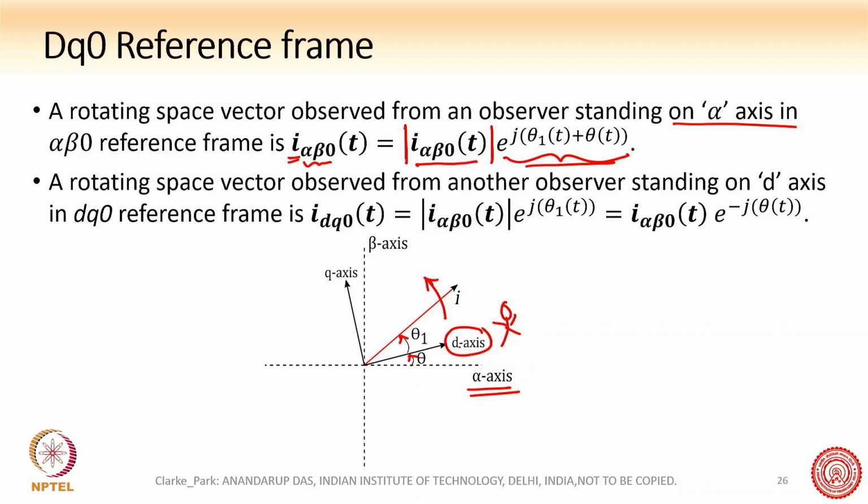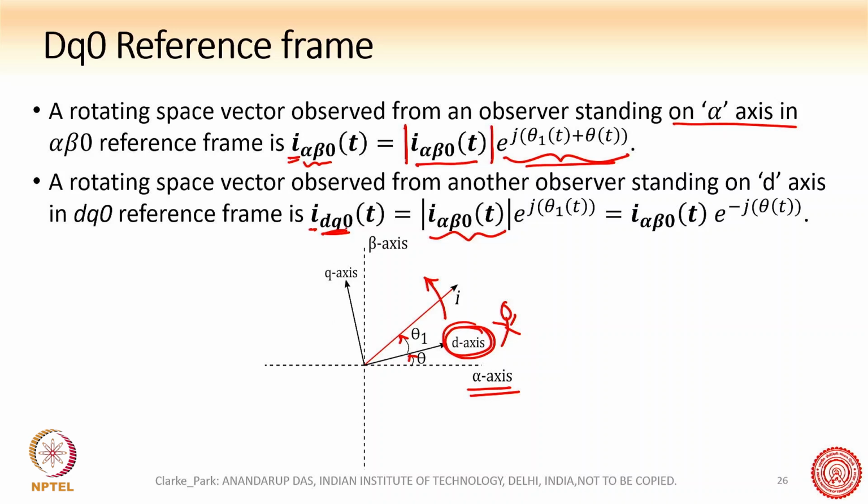Now suppose I observe this from the D axis. Then of course the magnitude remains the same. So I will write the same space vector as I dq0, because now I am observing from the dq axis. There is a d axis and there is a q axis, which I will come to.